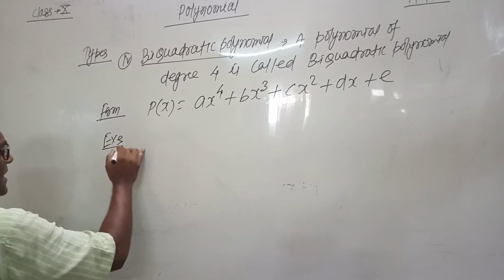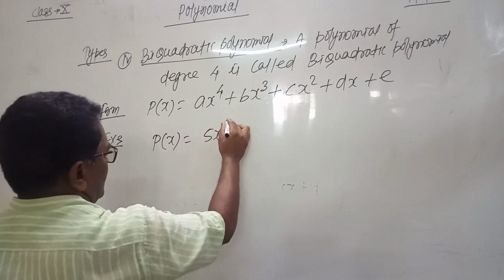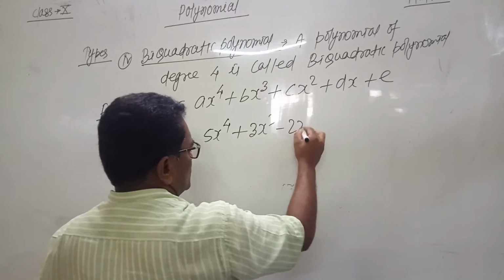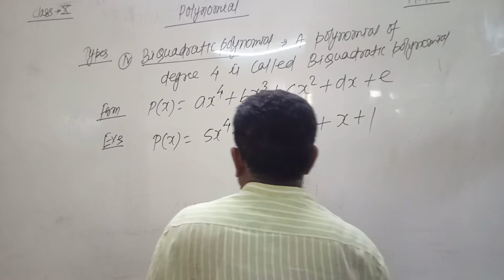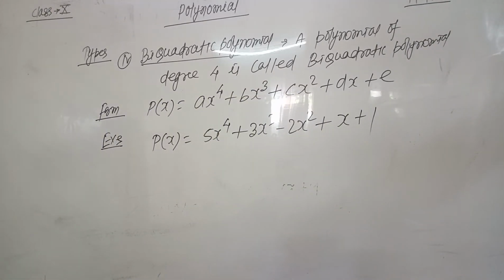For example, p(x) equals 5x to the power 4 plus 3x cube minus 2x square plus x plus 1 is an example of a biquadratic polynomial.